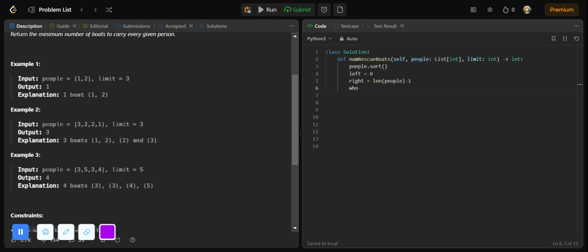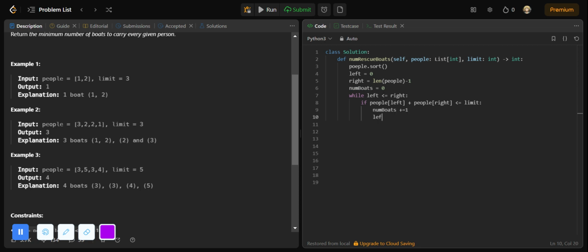While left is less than or equal to right, if the sum of the weights of the people at left plus people at right is less than or equal to the given limit, what I'm going to do is, let's say I have a number of boats, so number of boats plus one.